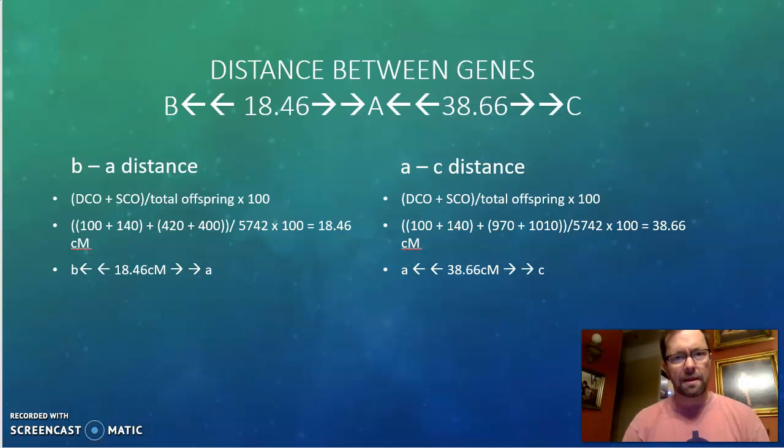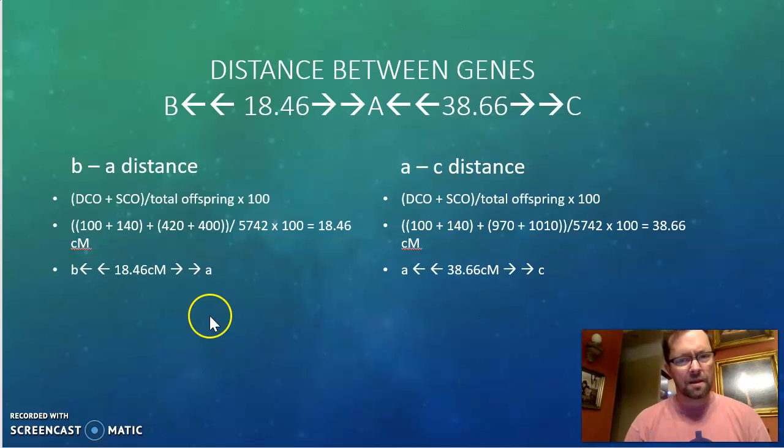Here's a crude map of what I've calculated, and I'll go through this. These are centimorgan units right here. The B to A distance, how we figure that is we take the double crossovers and the single crossovers, add those together, and divide by the total number of offspring, and multiply it times 100.